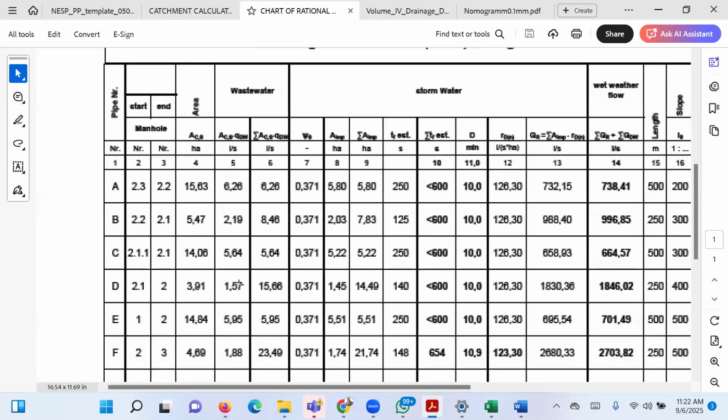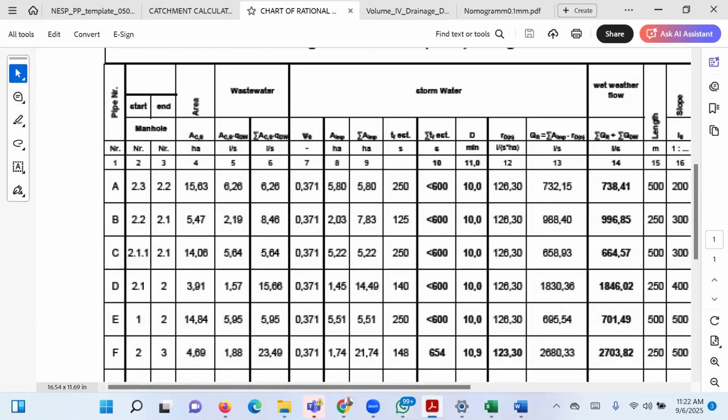So the value of D is 8.46, which is the value of B, plus the value of C, plus its own value. Yes, I need to add this. So if you add this, plus this, it will give you this. I expect a question there, except you can tell me that you understood it.